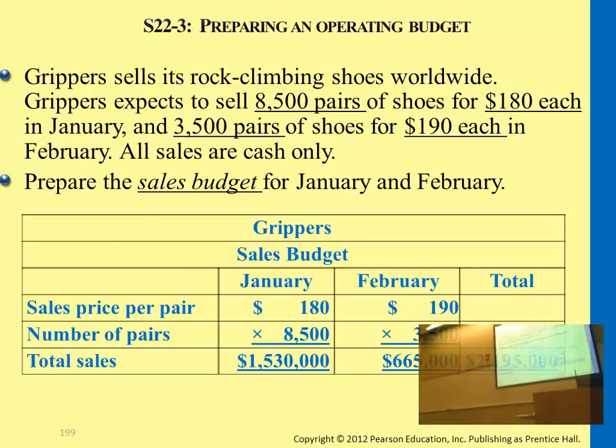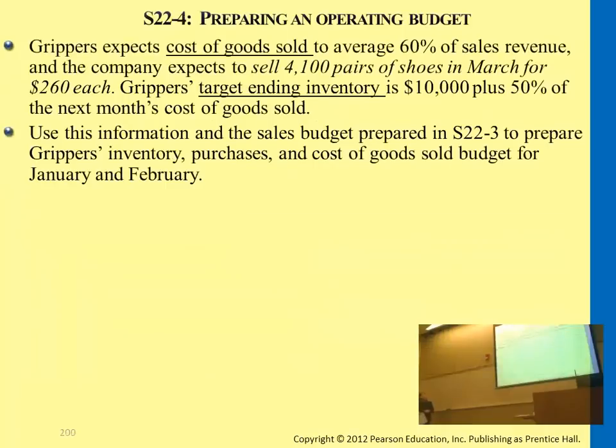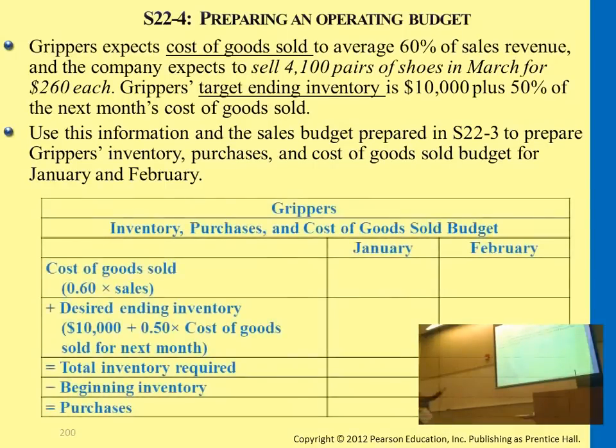Let's move on to the second component of the operating budget, inventory purchases and cost of goods sold. We're using the same numbers here, but adding more information. The second table looks like this. We continue using the sales you got for January and February. The policy is that 60% of the sales from the previous table is estimated as budgeted cost of goods sold.